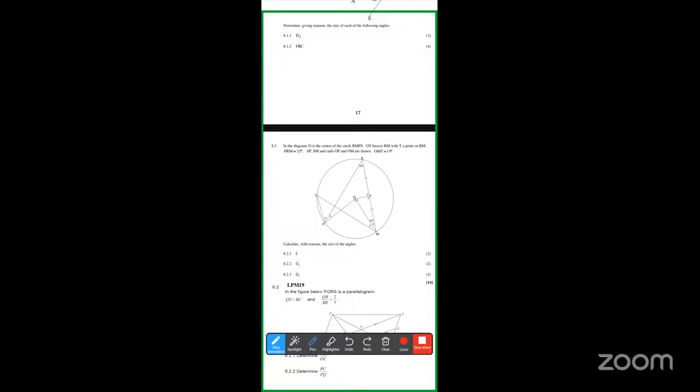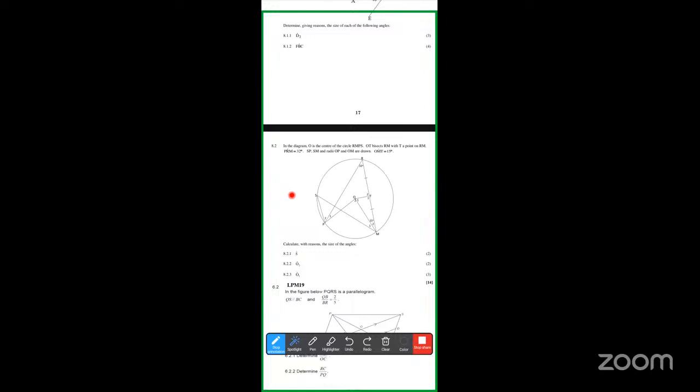Then we can proceed to question 8.2.2. Is saying now we have to calculate the size of angle O2. There is O2 right there. What is the size of angle O2, guys? The size of angle O2.